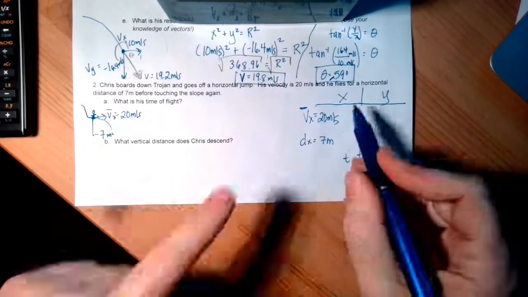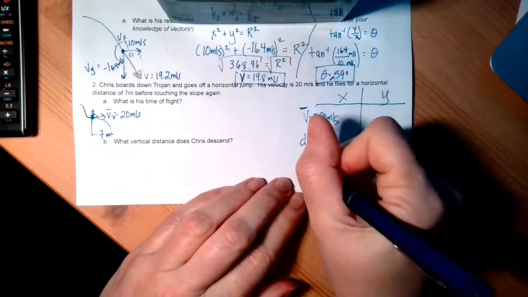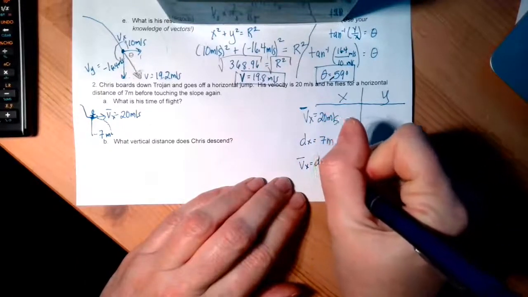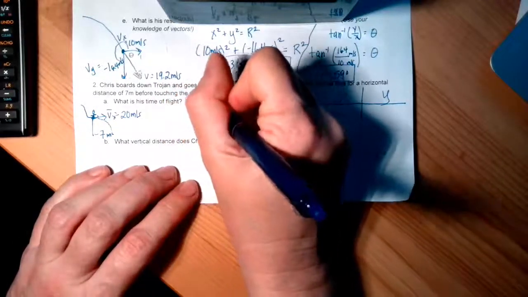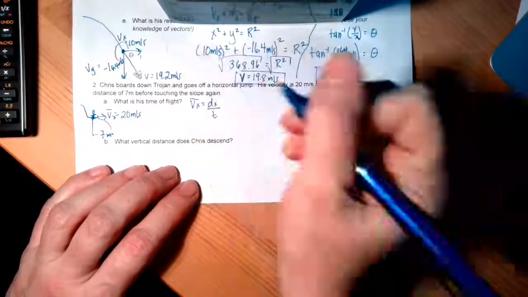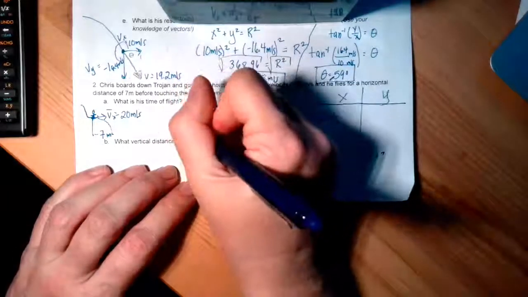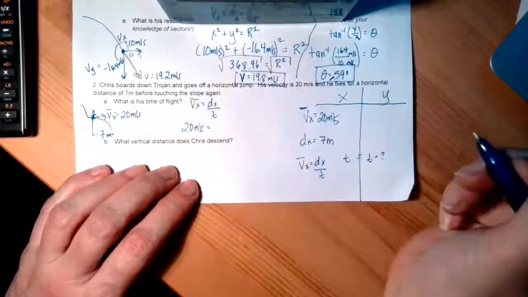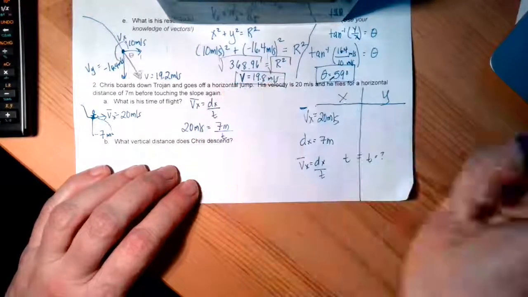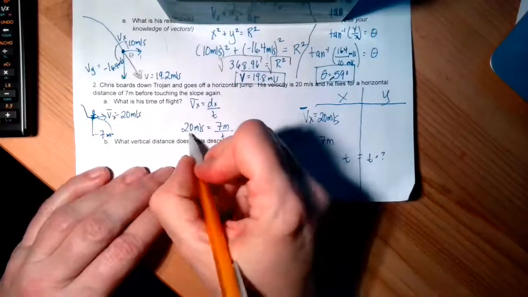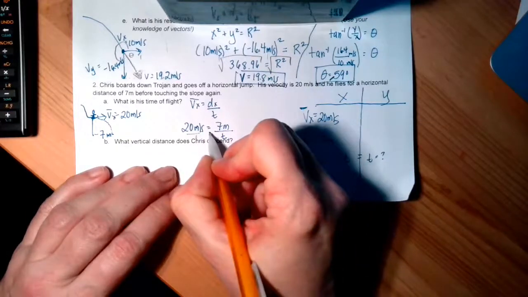Now we have enough information to find that, because the only formula we ever use on the x side is this one. So I'm just going to plug in: vx equals dx over t. So 20 meters per second equals 7 meters all over time. Some people goof up their algebra when the time's on the bottom of the fraction.